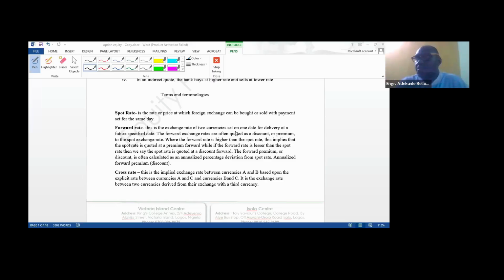Alternatively, if the forward rate is lesser than the spot rate, this implies that the spot rate is quoted at a discount forward.